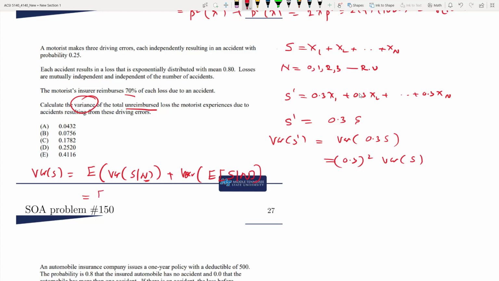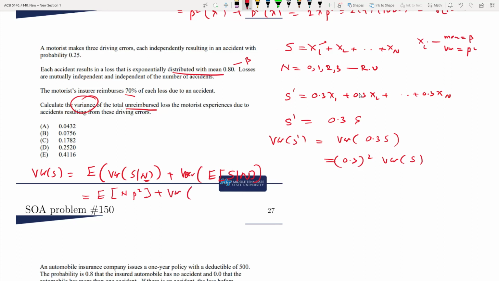We have n of those, and the variance of each loss is exponentially distributed with mean 0.8. So this is beta. Each xi has mean equal to beta and variance equal to beta squared. So the variance is beta squared.